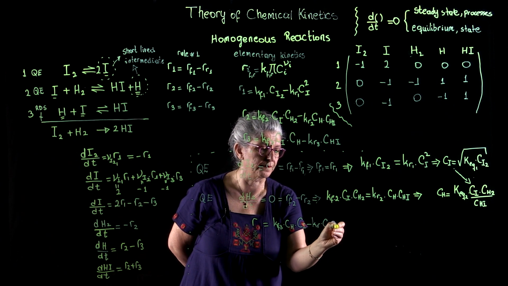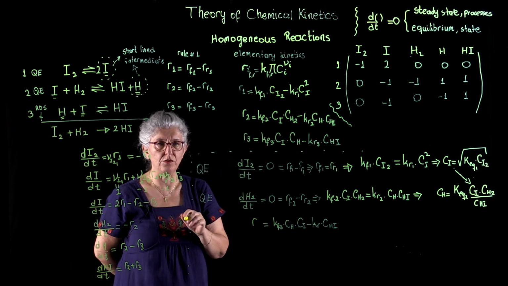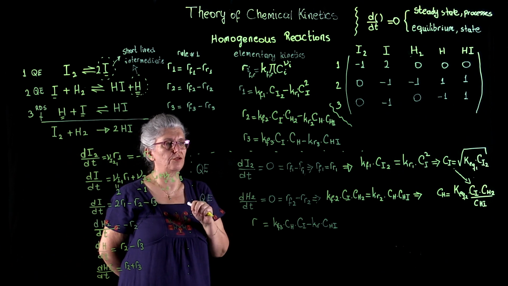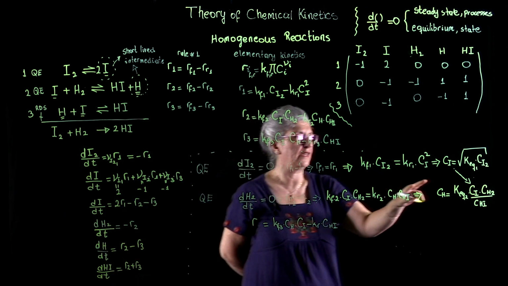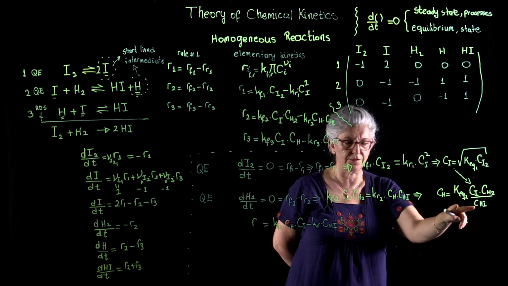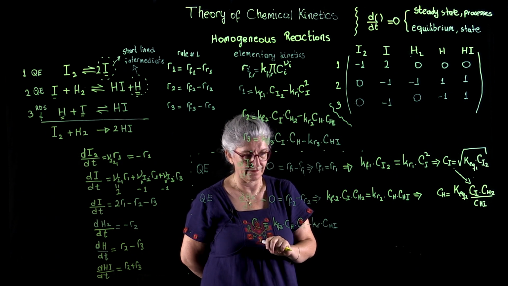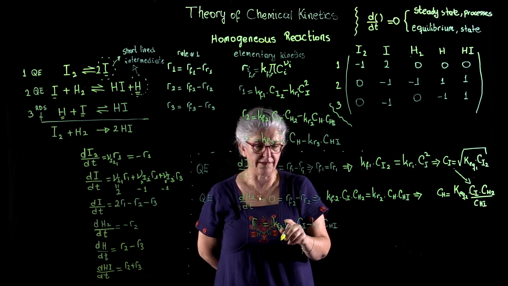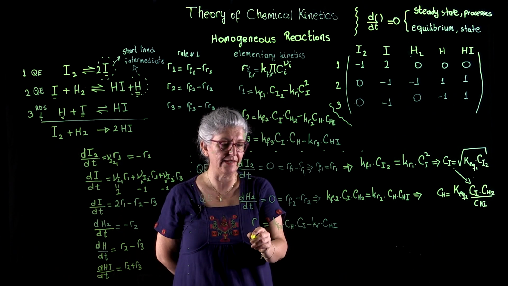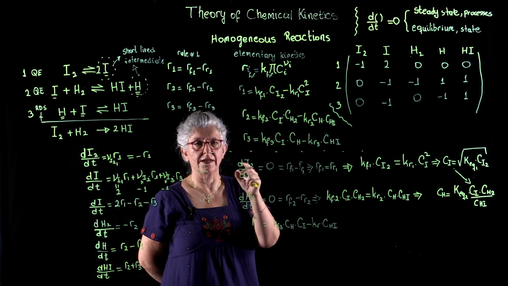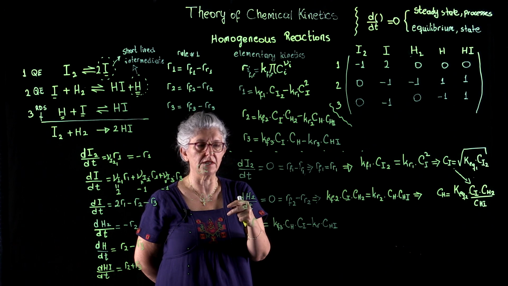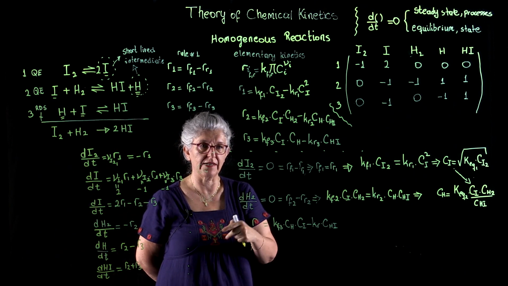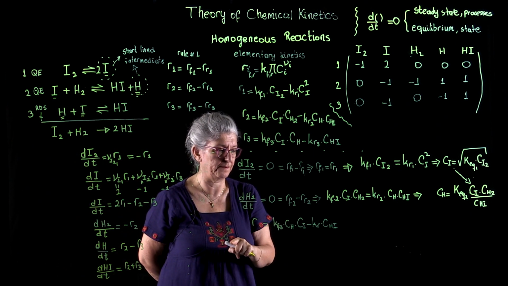Now I'm going to substitute concentration of H and concentration of I from here, and I will analyze this rate for the initial periods of the reaction and for the conditions that time goes to infinity.